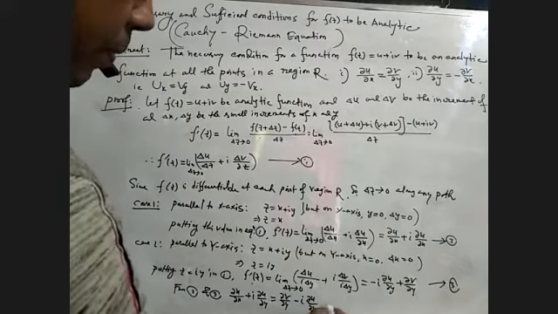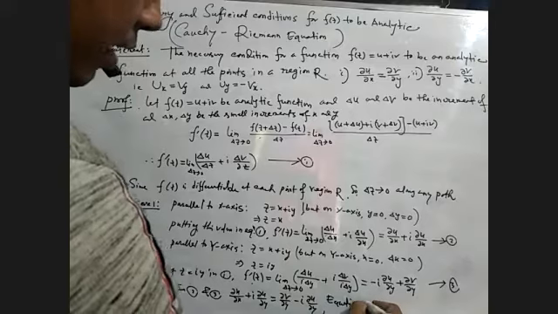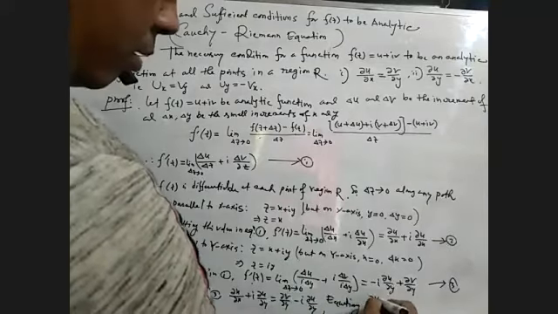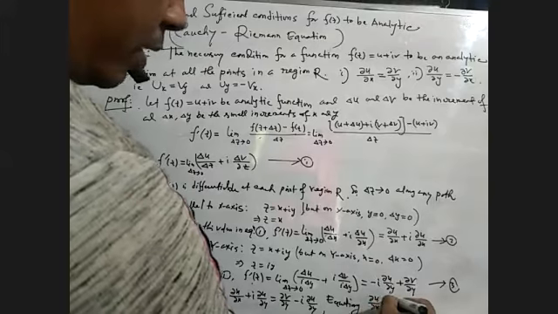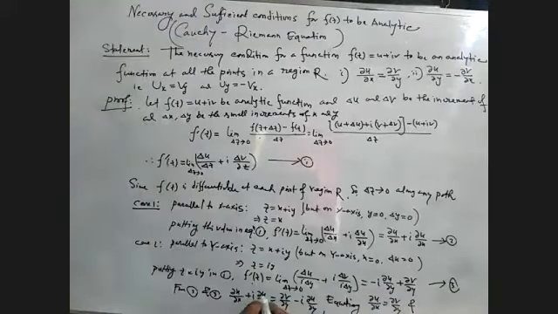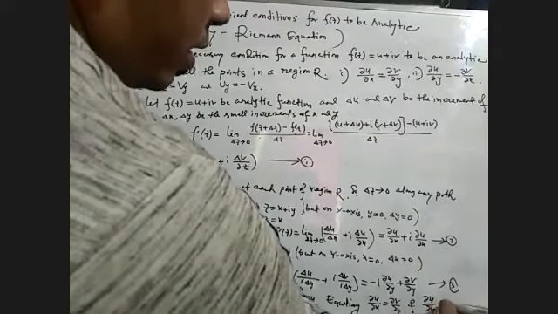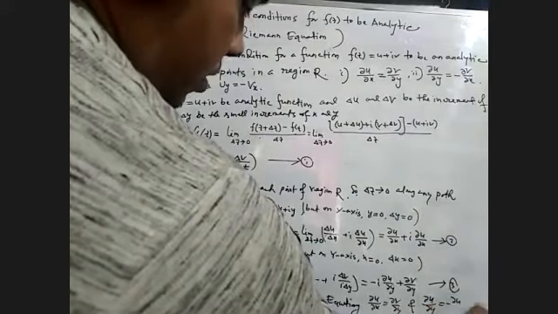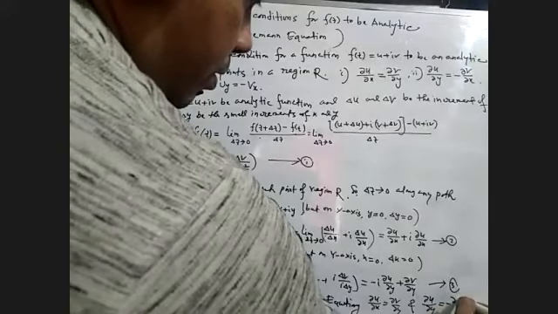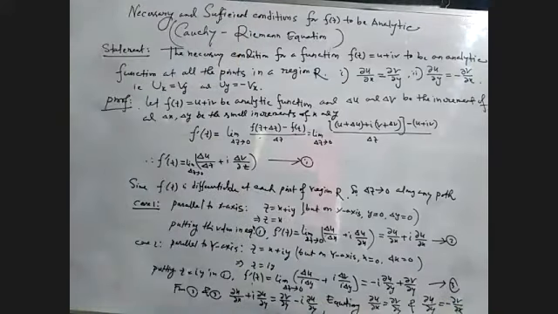Equating the real and imaginary parts, del u by del x equals del v by del y, and for the imaginary part, del v by del x equals minus del u by del y.